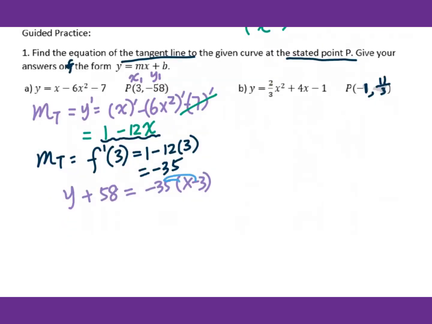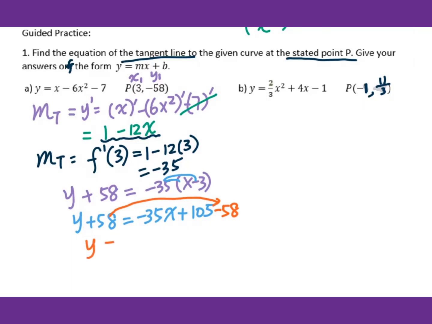We do distributive property here. Y plus 58 equals -35x plus 105. Then subtract 58 both sides. You will get y equals -35x plus 47.